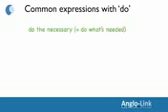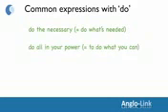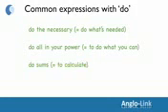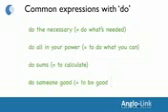Do the necessary. That's to do what's needed. Do all in your power. That's to do what you can. Do sums. That's to calculate. And do someone good. That's to be good for them.